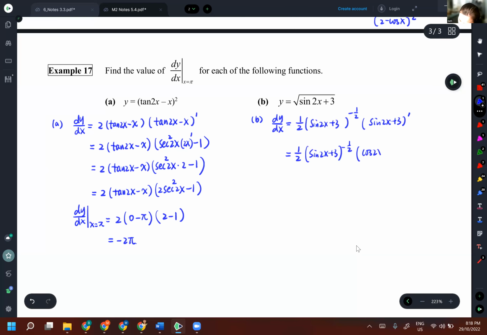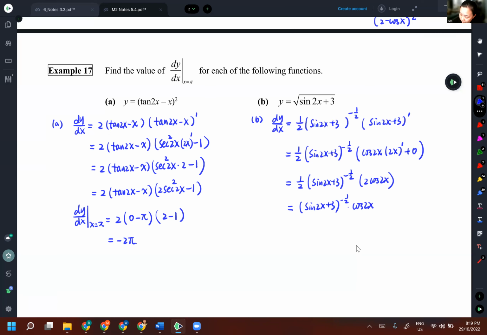It's cosine 2x and then du/dx. So my answer, this one is 2 cosine 2x. So it's sine 2x plus 3 to the negative 1 over 2 times cosine 2x. Simplified.